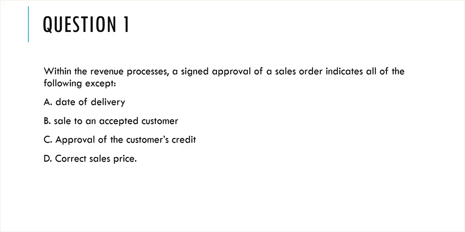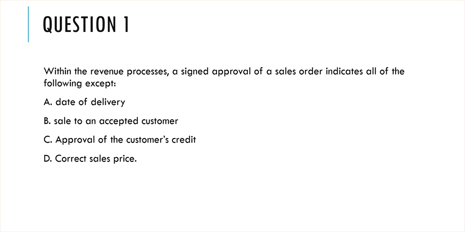We have a few questions here at the very end. Assigned approval of a sales order indicates all the following except. So this is going back to the beginning of this PowerPoint when we were talking about sales.